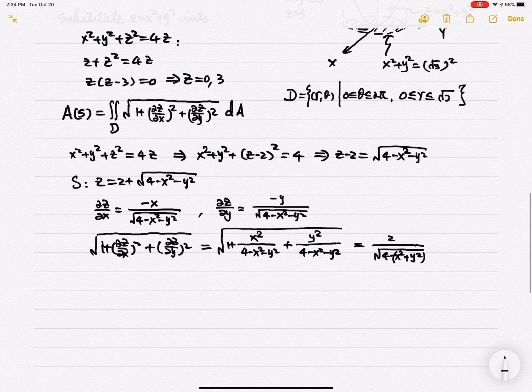So then we say the area of the surface is equal to the integral from 0 to 2 pi and from 0 to root 3.